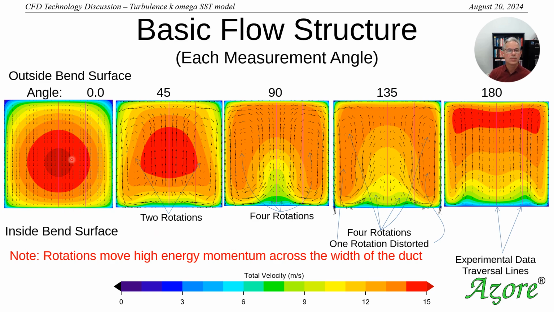You'll notice right here at the very first, there are no secondary flow structures. Really, the flow field is gravitating toward the inside of the duct as the fluid senses that bend, and the fluid begins going downward toward the inside of the corner. At the 45-degree angle, now our flow structures have begun to develop.